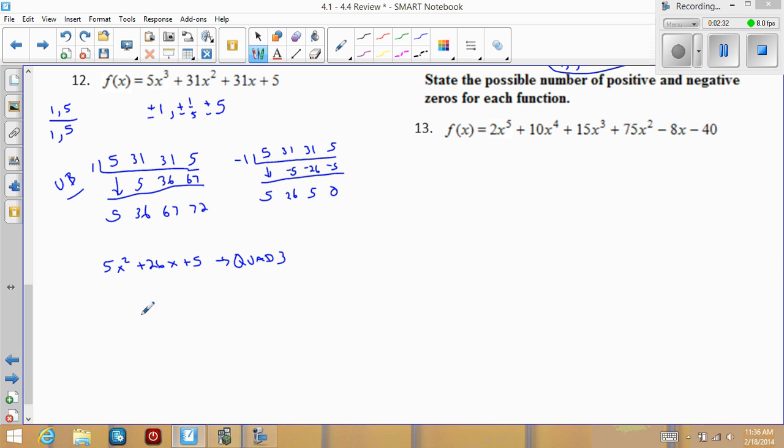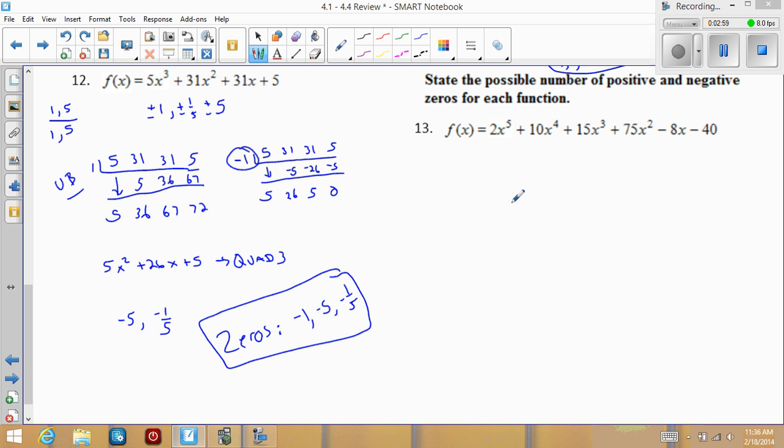And when I do that, I will get negative 5 and negative 1/5. Okay, so my zeros, with that negative 1 up there, negative 1, negative 5, and negative 1/5.